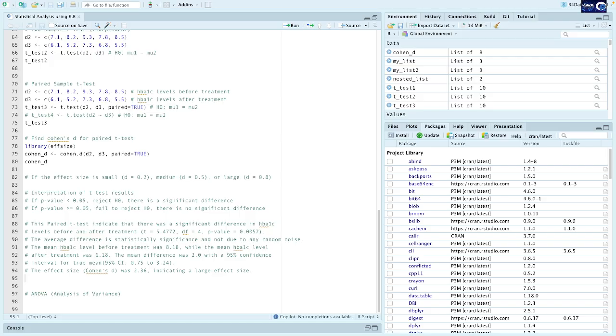So what ANOVA asks is: is the variability between group means large compared to the variability within the group? We are comparing the group means based on the variability within the group or treatment. When you look at the ANOVA table, you will see we are comparing the treatment effect, the between-group effect.